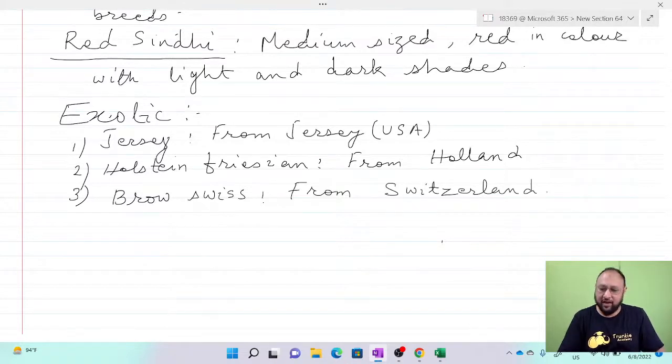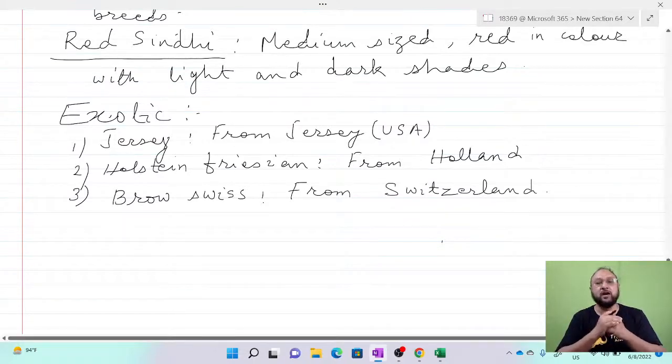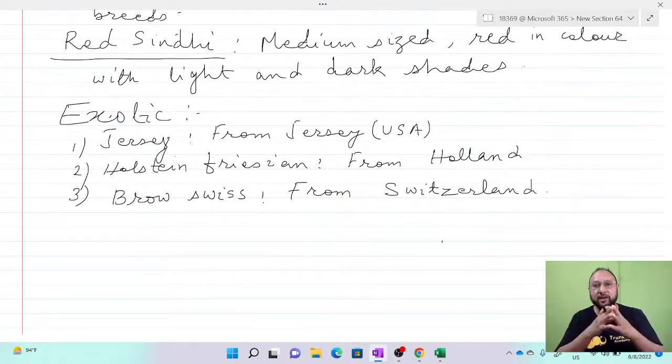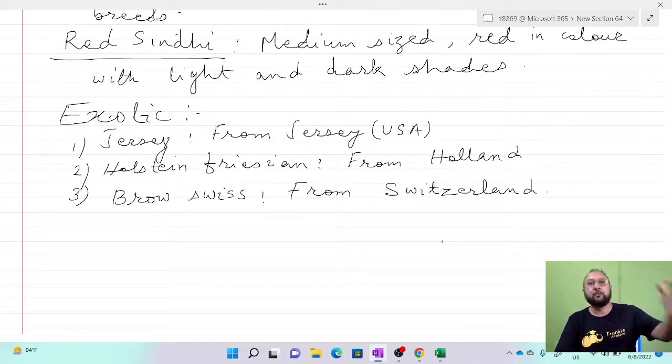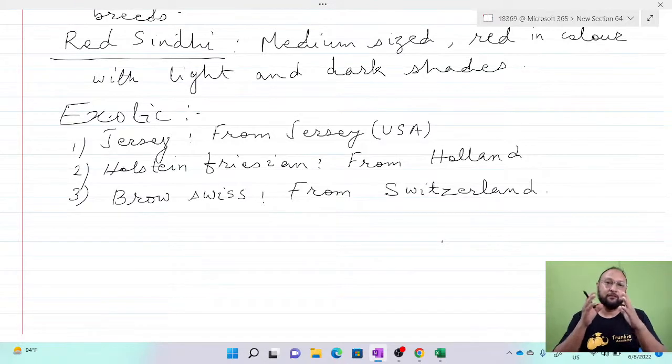Crossbreed or improved breeds are also there. It means that when there is one particular breed which is responsible for producing a large quantity of milk, but at the same time it is not disease resistant, it is not surviving for a long period, and gets infected easily with disease, what we will do is crossbreed it with one which has disease resistant capacity and one which has high milk yielding capacity.